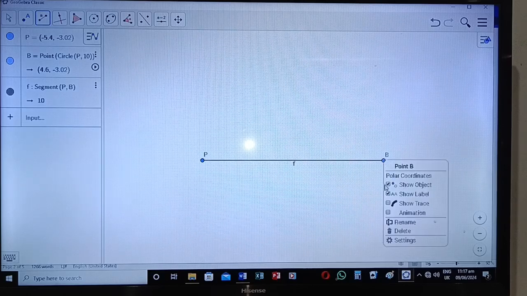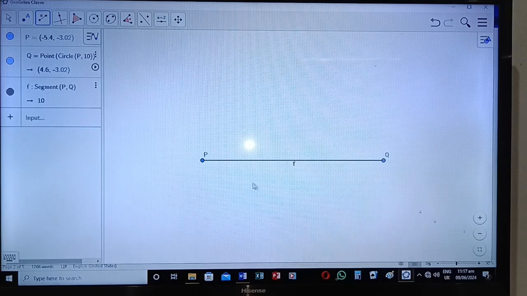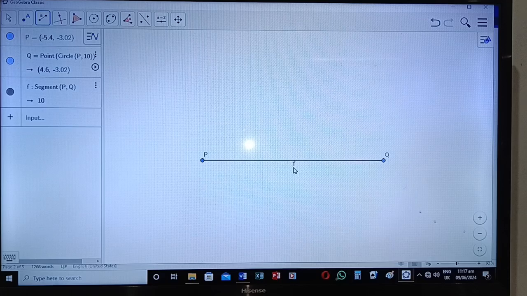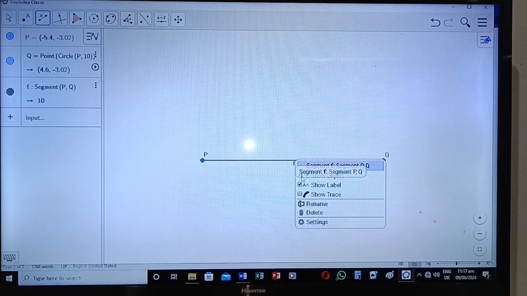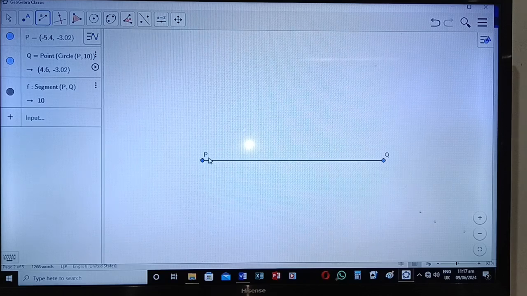Also, this one is renamed to Q. Yes, say OK. So finally, we have our line. The default name of this line is F. We do not need this name, so we say show label. You can see the F has disappeared.